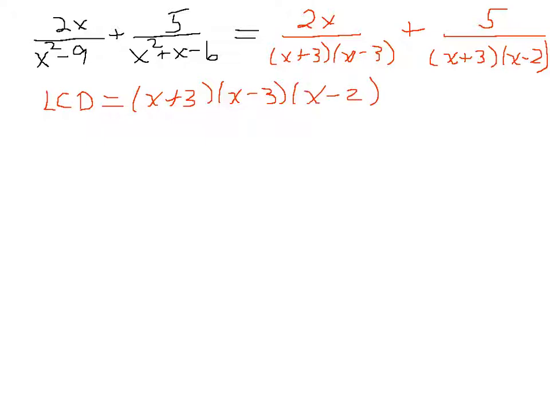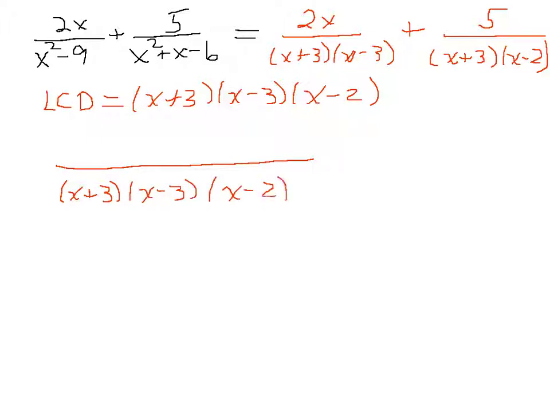Okay, so now we're going to add these two things together with the LCD. I'm going to skip a little step here. I'm going to write the whole thing over x plus 3, x minus 3, x minus 2. And what does this 2x have to get multiplied by? So when you look at the original, and then you look down here, what did it get multiplied by?